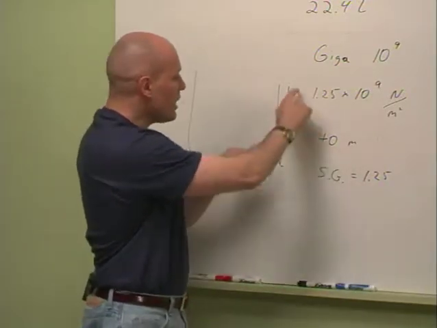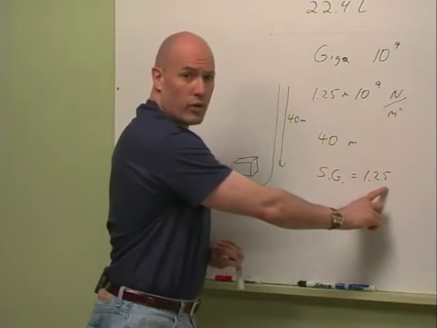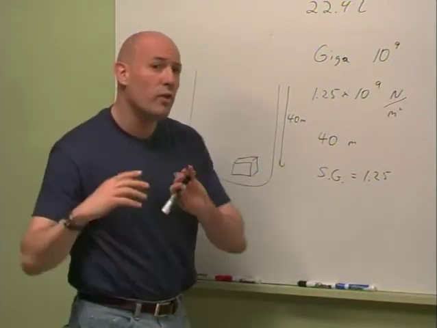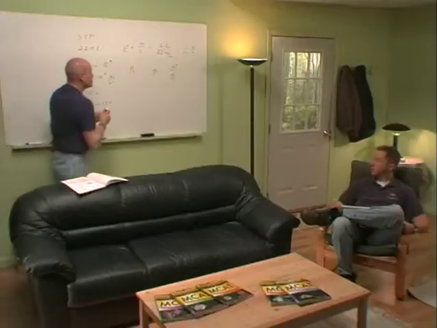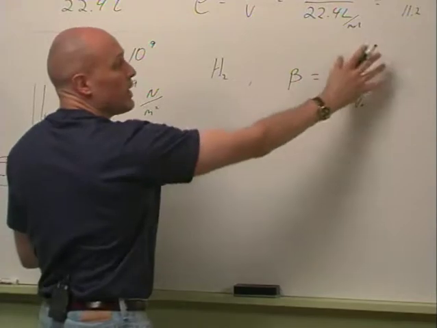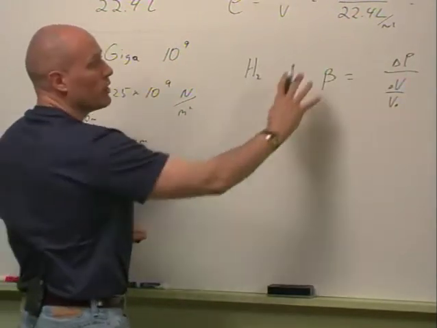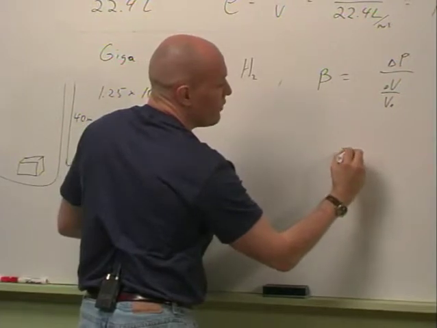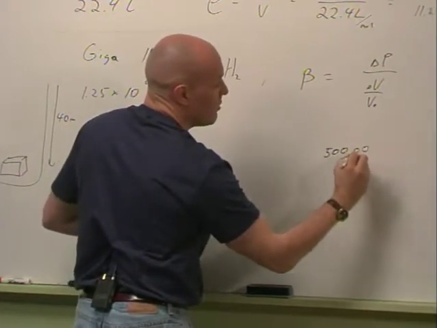So each 10 meters is going to be 125,000 pascals. I've got 4, so I've really got a change in pressure of 500,000 pascals. I want to use pascals here because pascal is the SI unit.